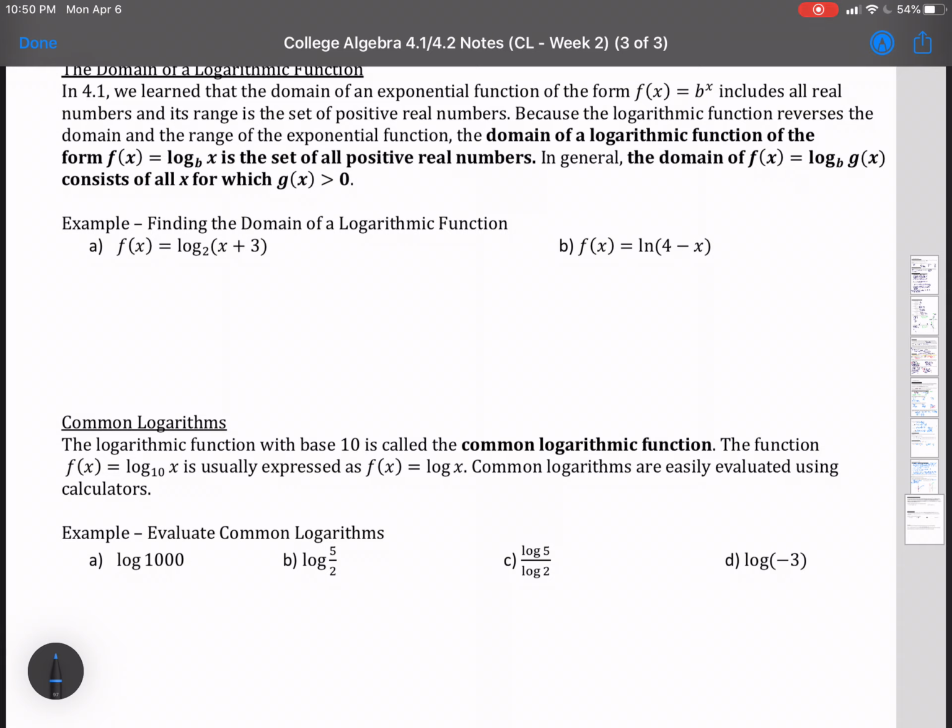We're always going to take the value inside the parentheses and say that it has to be greater than 0. So if x plus 3 has to be greater than 0, that tells us that x is greater than negative 3. So our domain is parenthesis negative 3 to infinity.